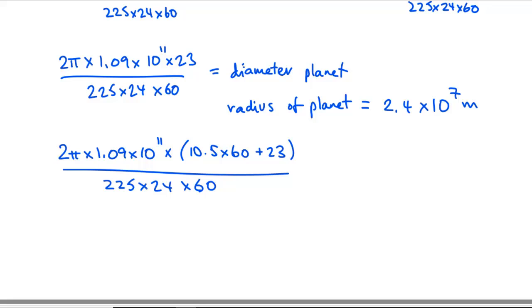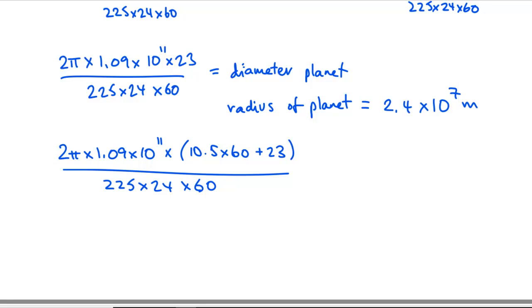Right, I really shouldn't have hit clear on the calculator because I could have just gone back and replaced the numbers, but I didn't think of doing that. So 10.5 times 60 plus 23, stick all of that in brackets, divide by 225, divide by 24, and then 60, and it gives, oh, and then I need to halve it.